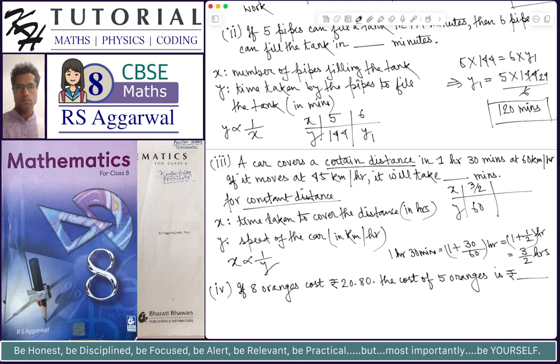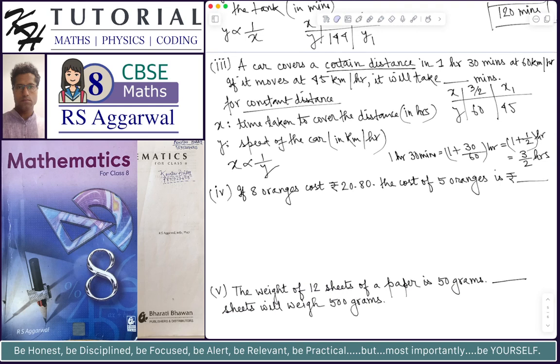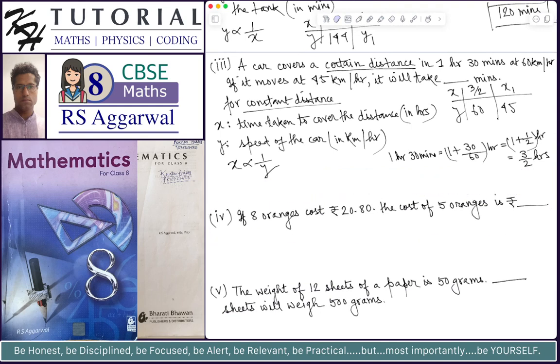Now it is asking, if it moves at 45 km per hour, how much time will it take? Let's say it will take x1 hours. Since x and y vary inversely with each other, we must have 3 by 2 multiplied by 60 equal to x1 multiplied by 45.